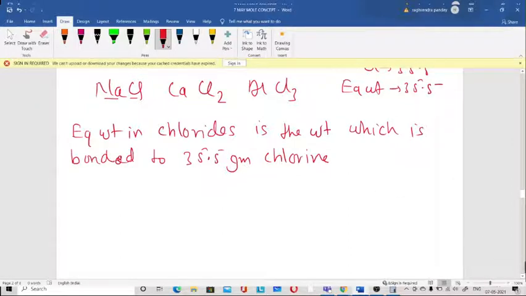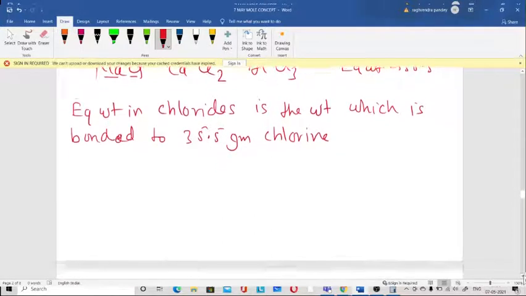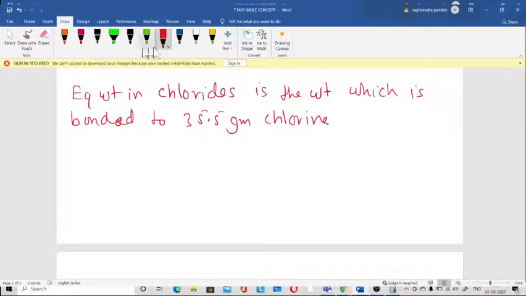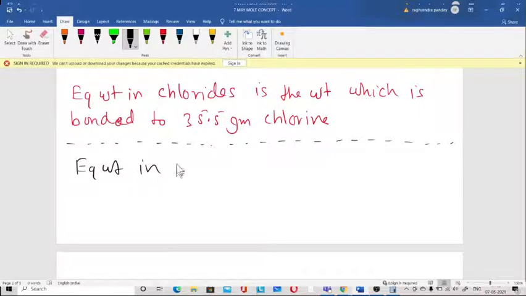Last is your carbonates. Equivalent weight in carbonates. Now what is carbonate?